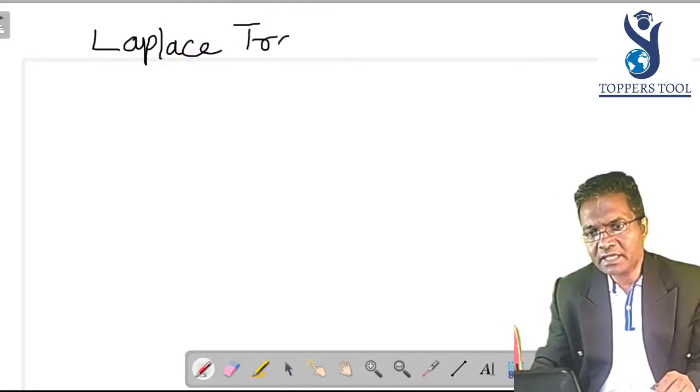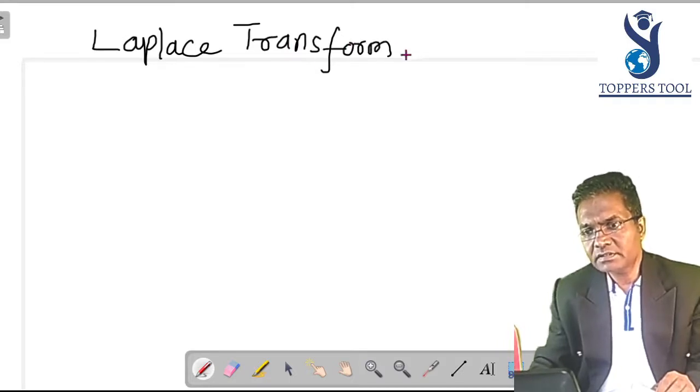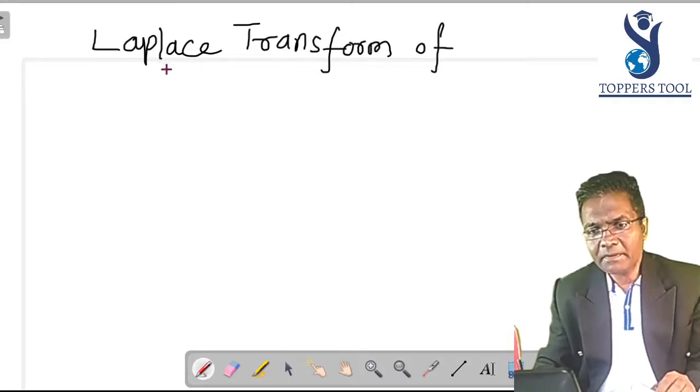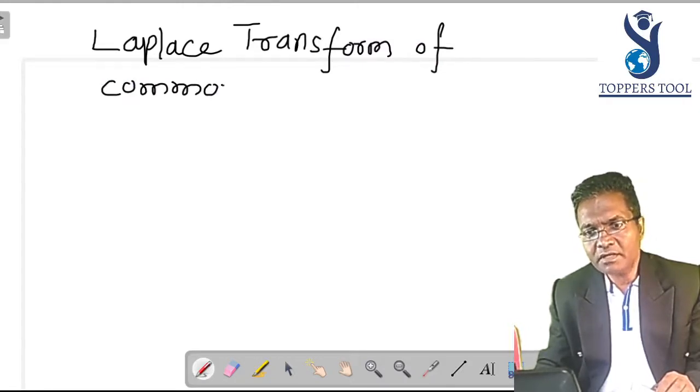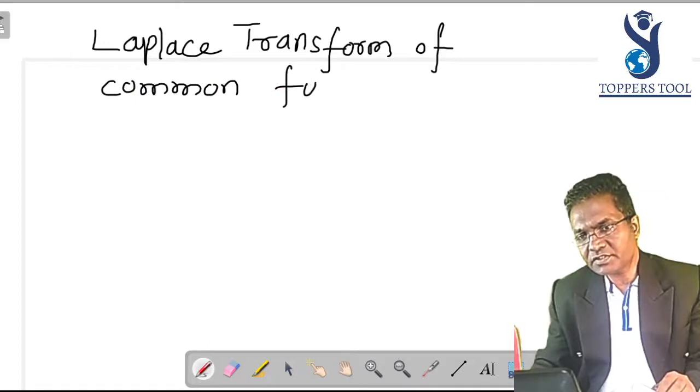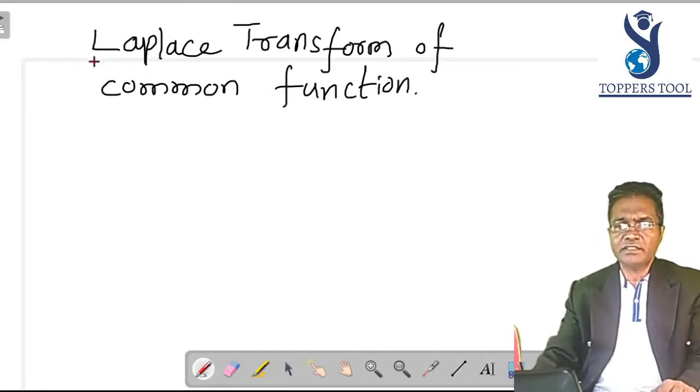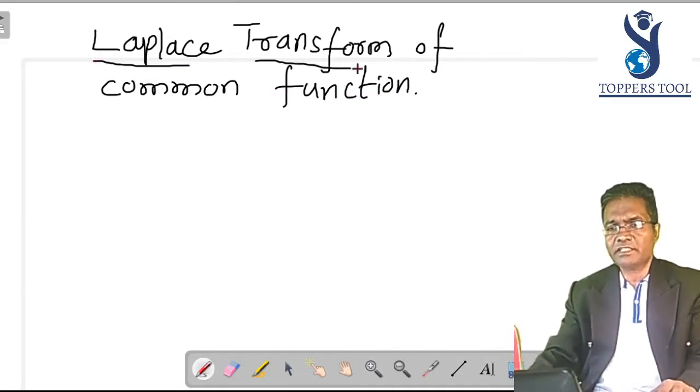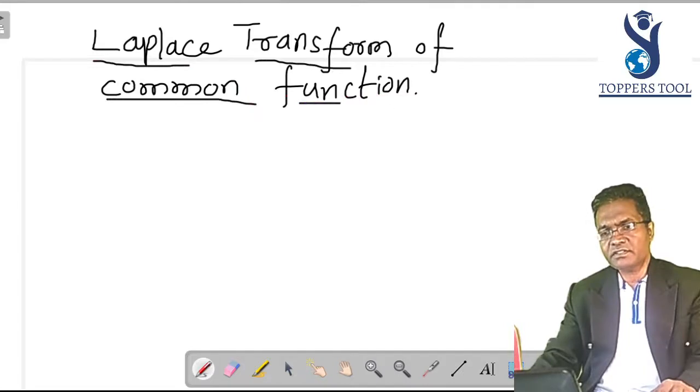Just as you remember derivatives of standard functions, in the same way you have to remember the Laplace transform of some common functions.